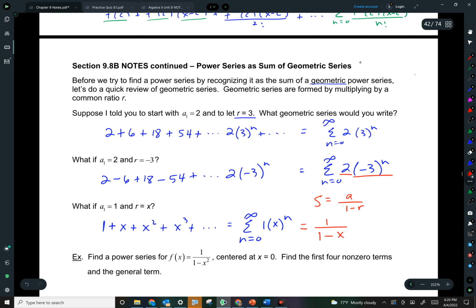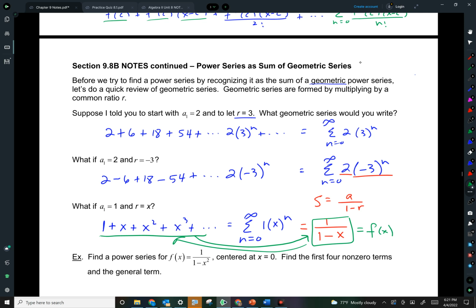So what we've essentially just said is this series is equivalent to 1 over 1 minus x. So this is the function that gives us this series. So if I can identify a function as looking like this format, if it looks like an a over 1 minus r, I can think of it as geometric.